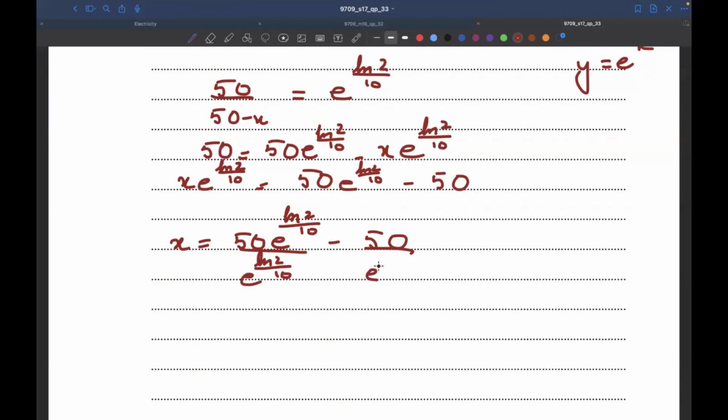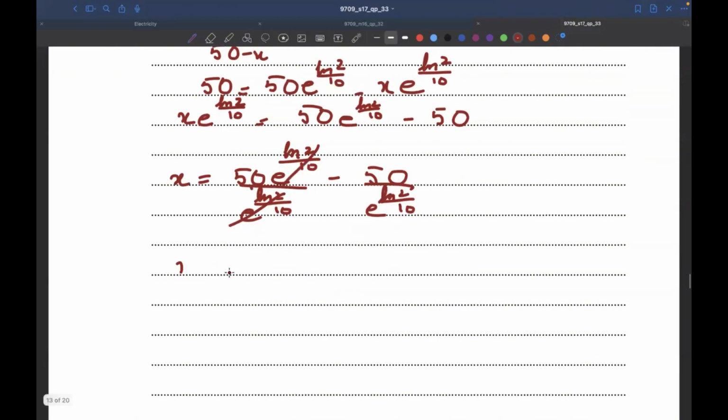So finally we can give our answer as 50 minus 50 e to the power minus ln of 2 upon 10. And that will be the final answer for x in terms of t.